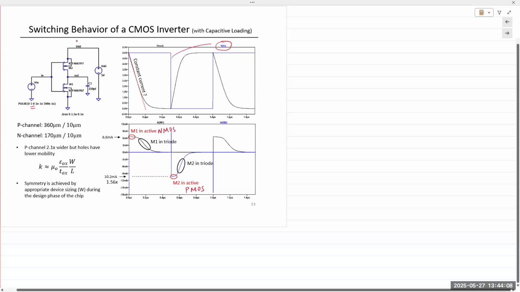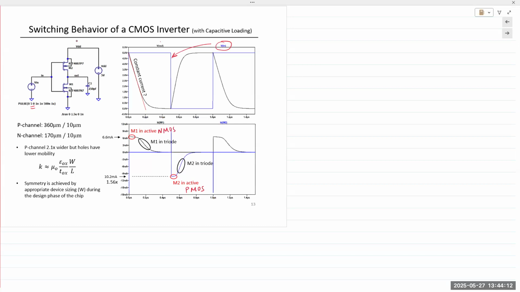right here, and this here is V out in black. Okay. And the curve that you see is basically the capacitor charging and discharging.